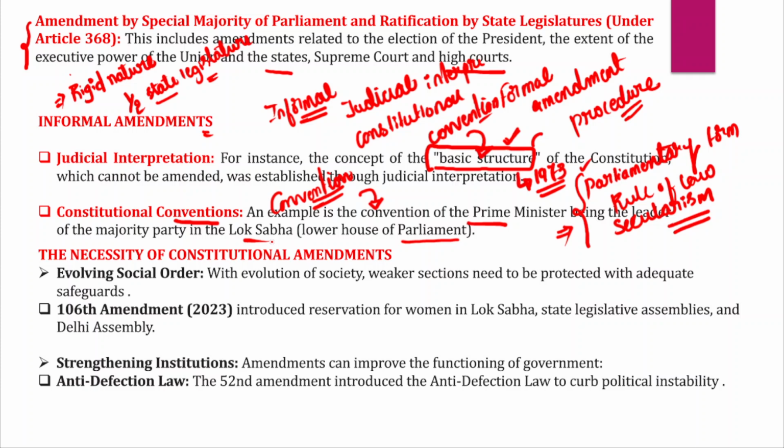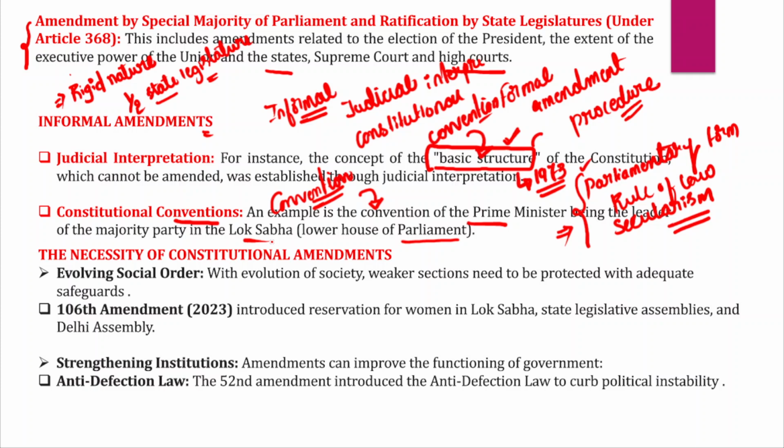The constitution has been framed by the Constituent Assembly, so why has the Constituent Assembly provided for the amendment of the constitution? That is why the Indian constitution is called a living document. Otherwise, it cannot be called a living document if it is not permitted to be amended.